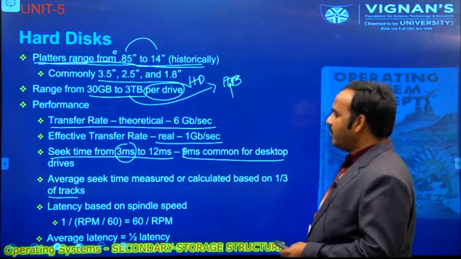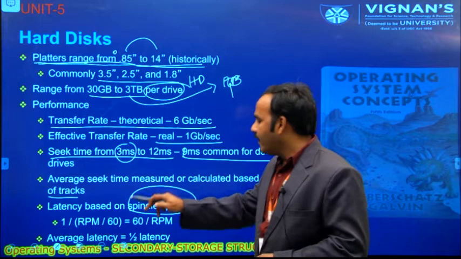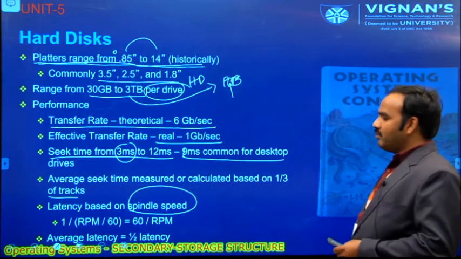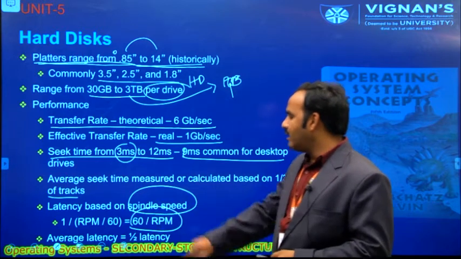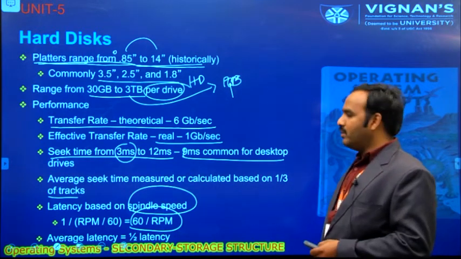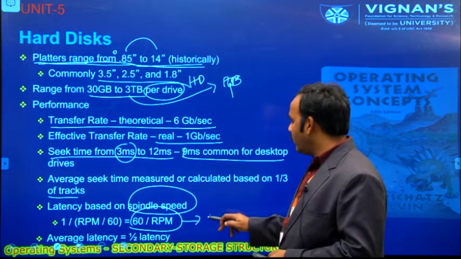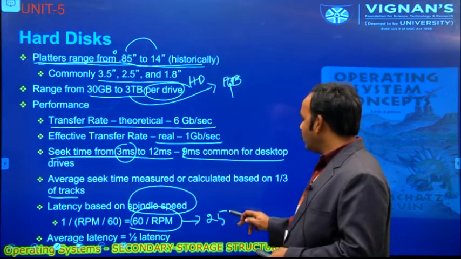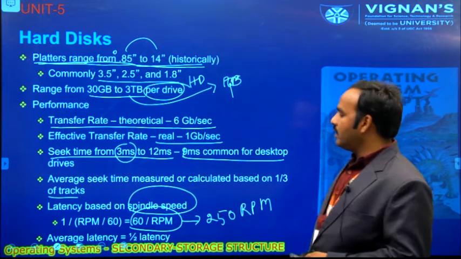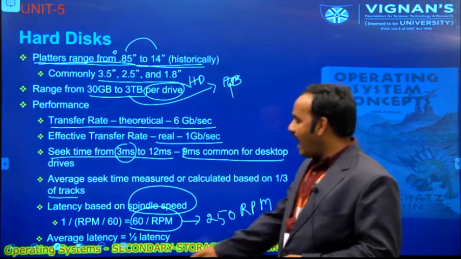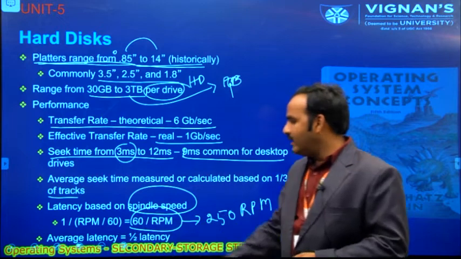Next one, latency based on spindle. What is that? Latency is based on the spindle speed. In real time, 60 rotations per second. Sometimes it is also possible to rotate in special drives up to 250 rotations per second. And next, average latency. I have explained about this average latency.